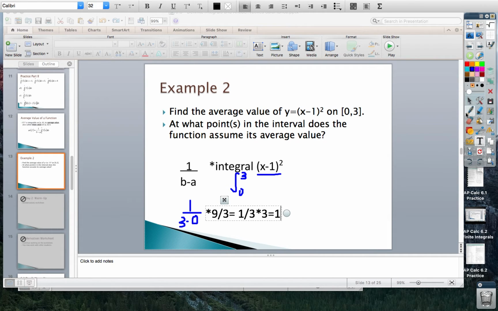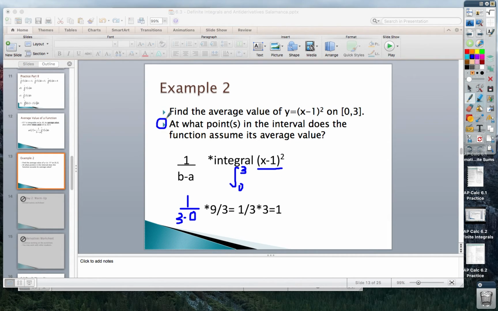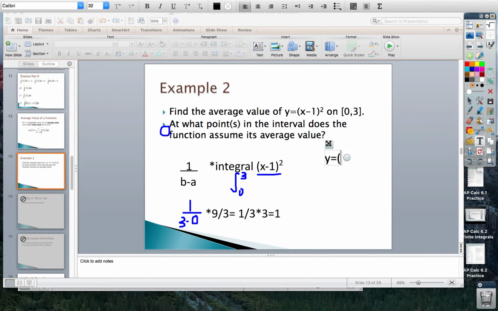The next portion of the question says, at which point or points does the function assume its average value? So all they're saying in this second part is, when does this function hit that average value? Well, we have this function, y equals x minus 1 squared. So when is that going to be equal to 1?